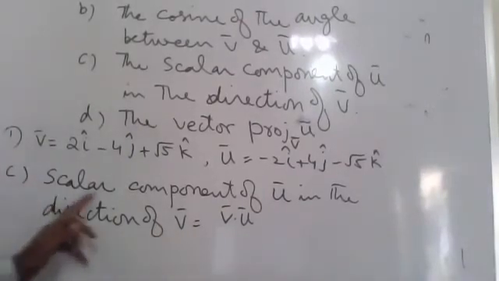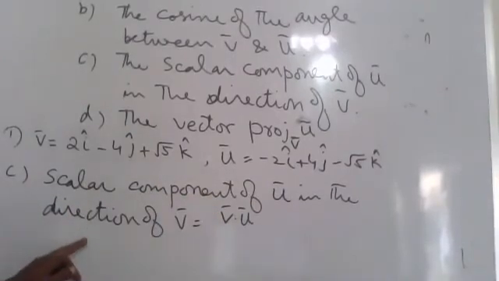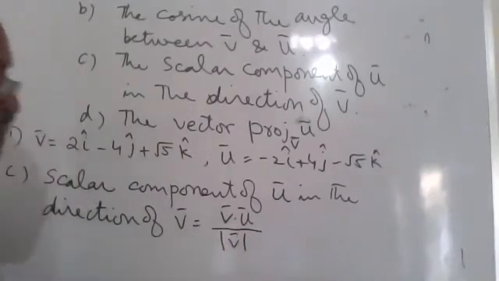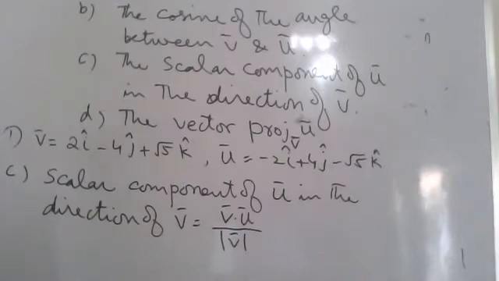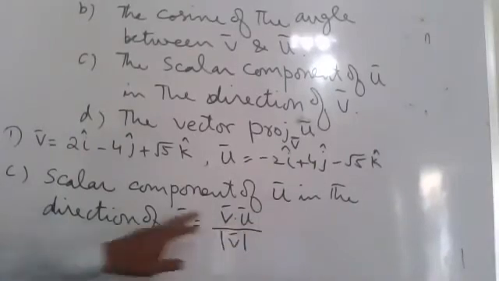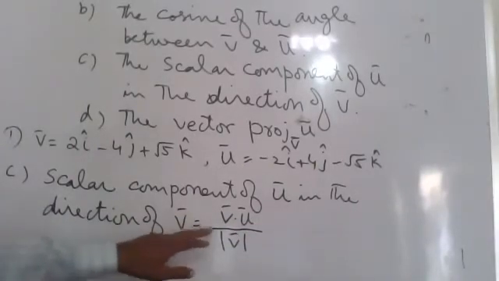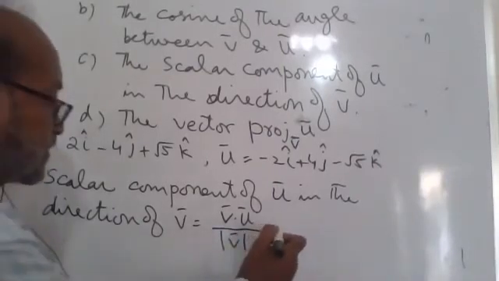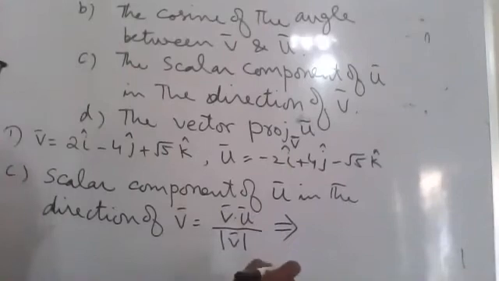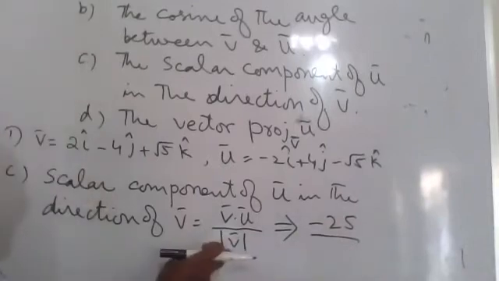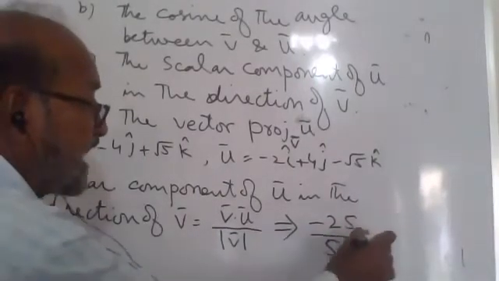So the scalar component of U in the direction of V will be equal to V dot U upon the magnitude of V. In the same way, the scalar component of V in the direction of U, we divide by the magnitude of U. Now V dot U we already found, this is minus 25, and the magnitude of V we also found is 5. The answer is minus 5.